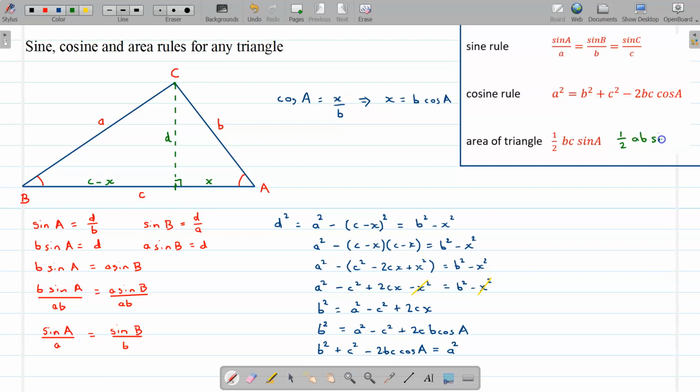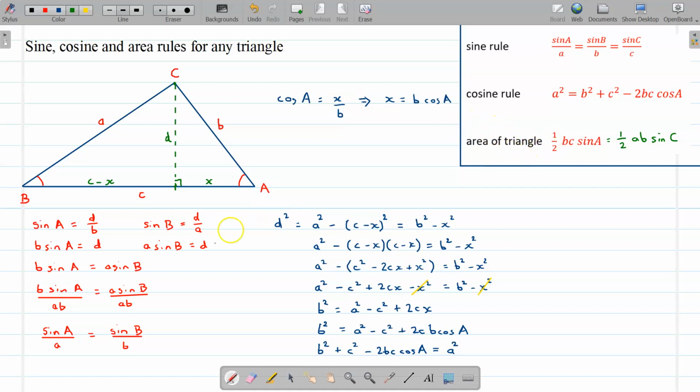We can just interchange the letters and then we just get a different variation of the same formula. And there's another one as well, of course, which is a half ac sine B, but you've got the idea. So let's prove that the area of the triangle is a half bc sine A.